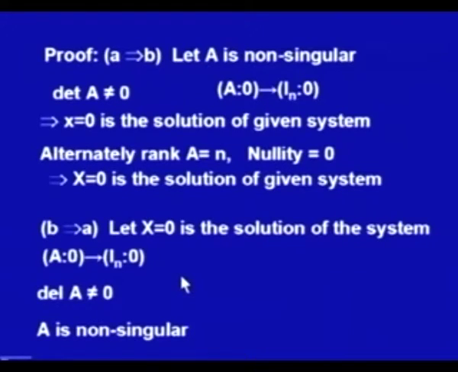So, we have proved the theorem for the system of homogeneous equations. So, if the system is homogeneous, we will have only the trivial solution provided determinant A is non-zero.